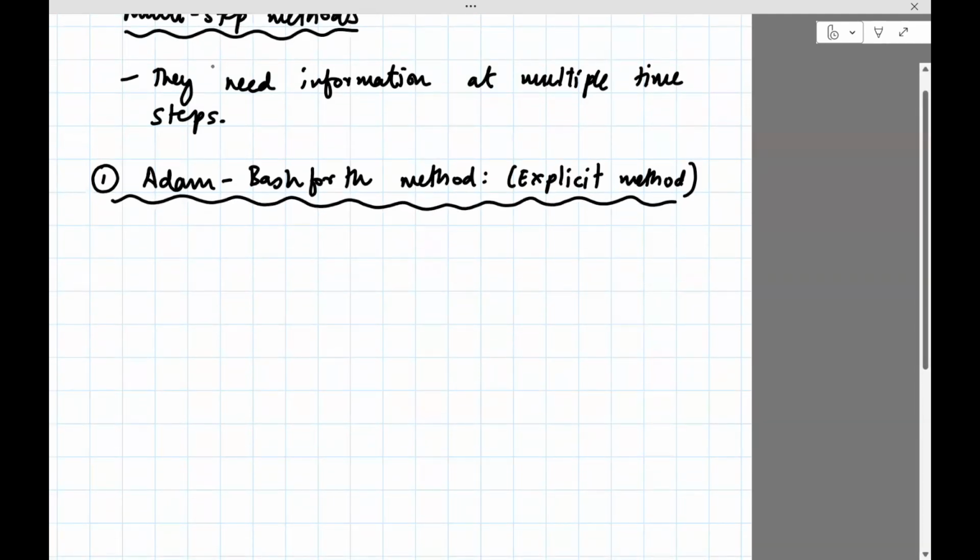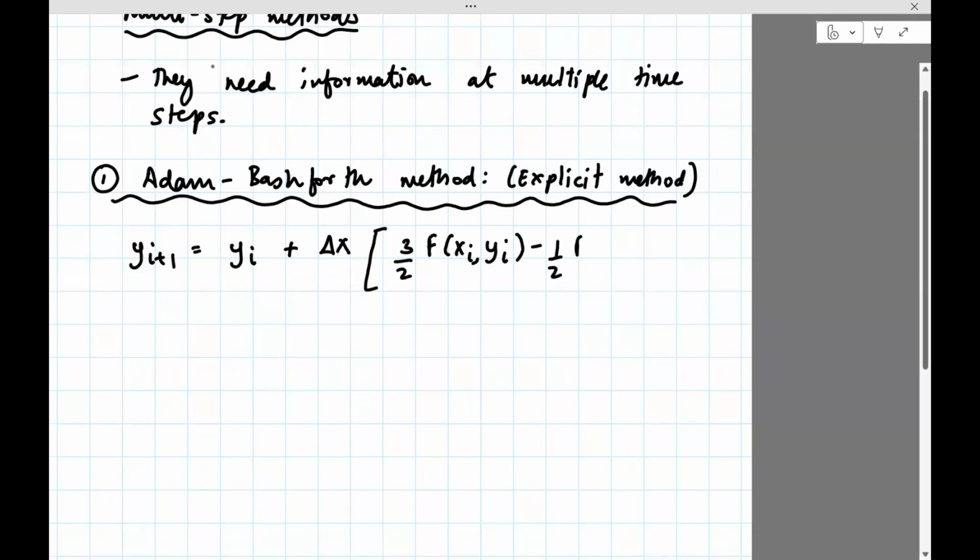So the best way to understand this is through the formula. yi plus 1 is yi plus delta x, okay, so now we have 3 divided by 2 f of xi, yi, minus half of f of xi minus 1, yi minus 1.